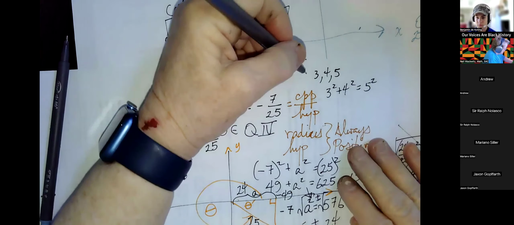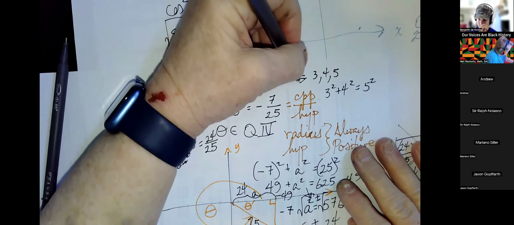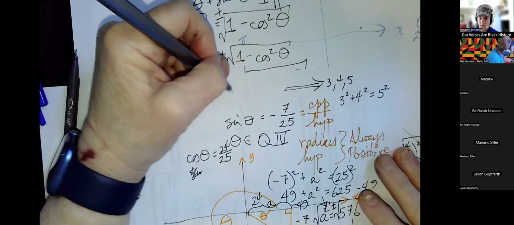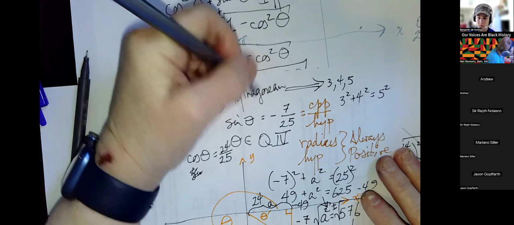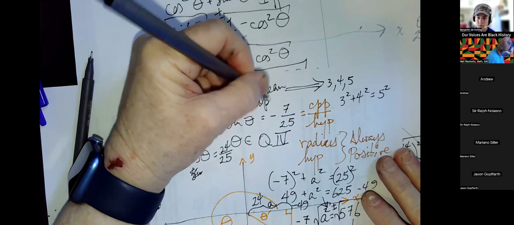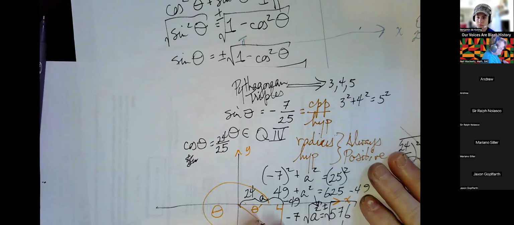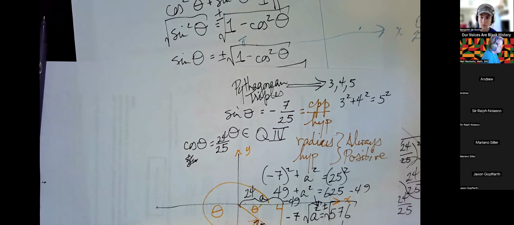Numbers that have this property, if they're integers with this property, are called Pythagorean triples. So it would be really helpful if you made a place in your notes that you can refer back to, to write down all of the Pythagorean triples you come across.